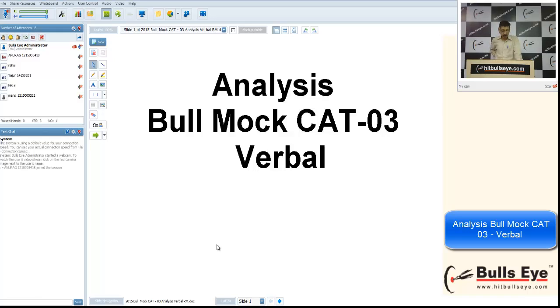We should get at least 15 correct out of these 25 moderate level questions. And out of 7 difficult questions, if my accuracy is only 30%, 7 3s are 21, so I should get at least 2 questions correct. So all in all, 19 questions correct out of 34 questions.